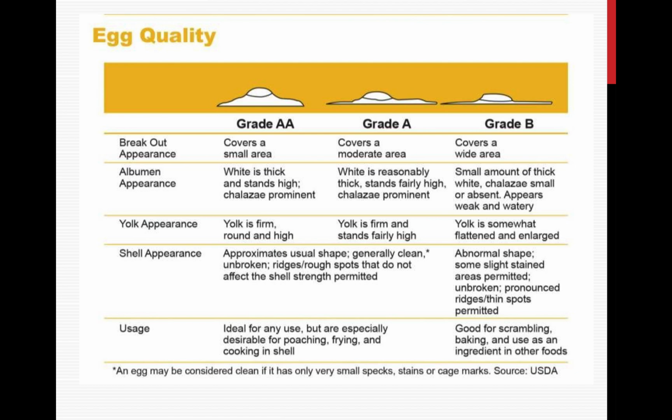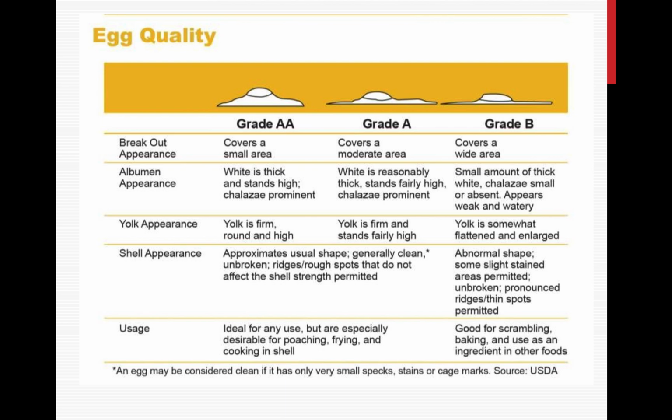The yolk is firm, round, and high. Its usual shape is unbroken; ridges and rough spots that do not affect the shell strength are permitted. Ideal for all types of use, but especially desirable for poaching, frying, and cooking in shell.